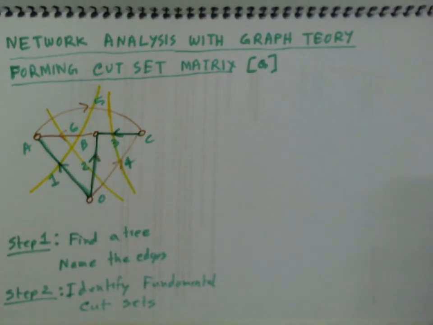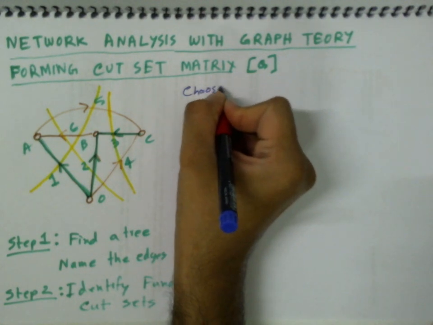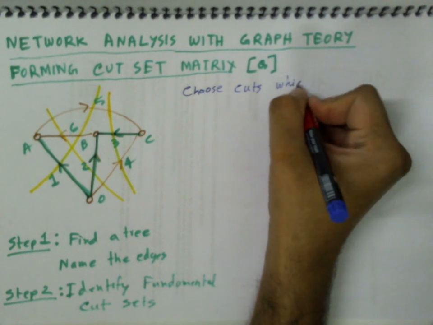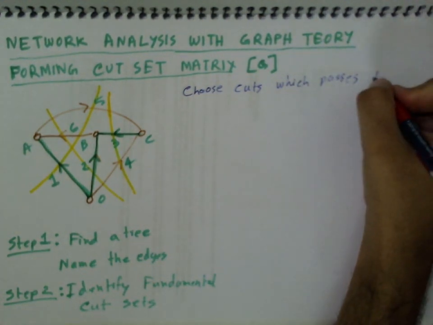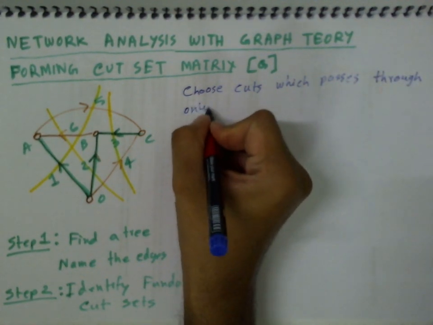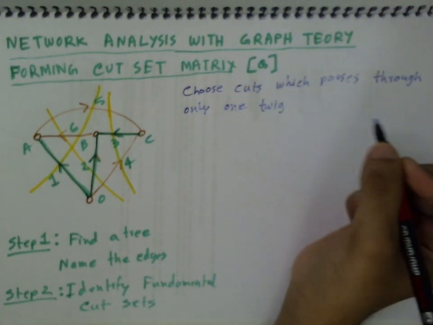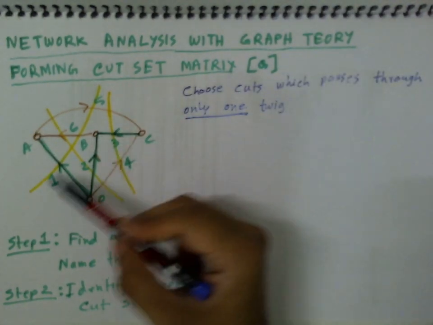So take cuts which pass through only one twig. So it's important, choose cuts which pass through only one twig, one and only one. Okay, so like this.